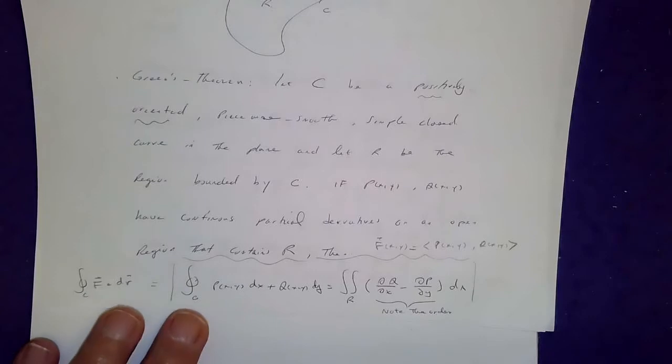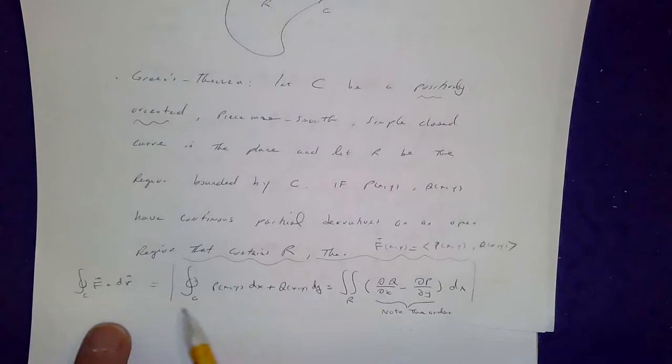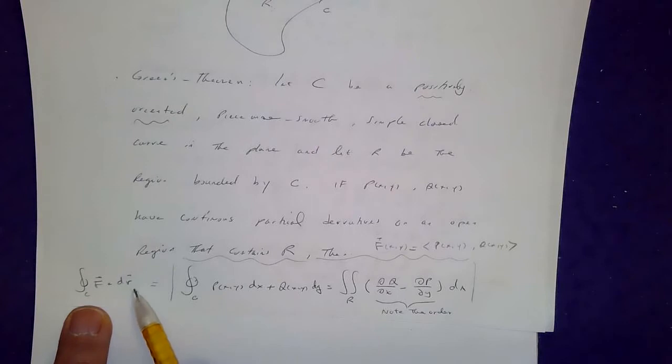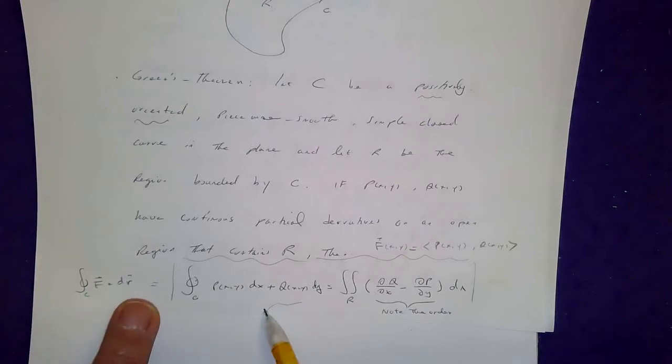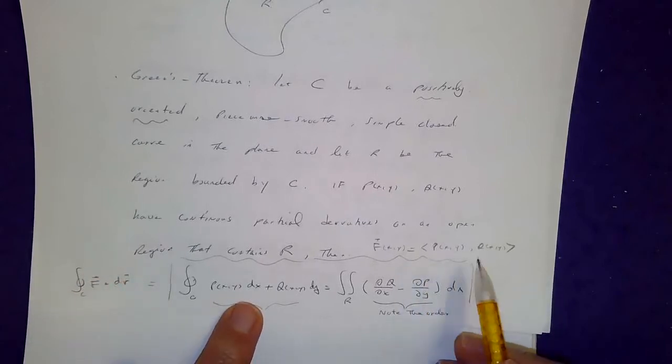So P(x,y) dx plus Q(x,y) dy is exactly the same as F dot dr, but it is called the differential form of this line integral. It's over a vector field. You just see the components.